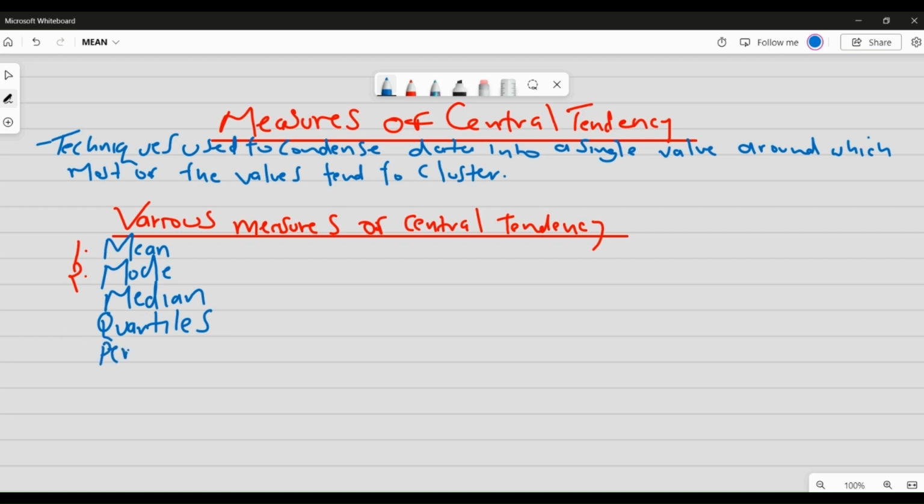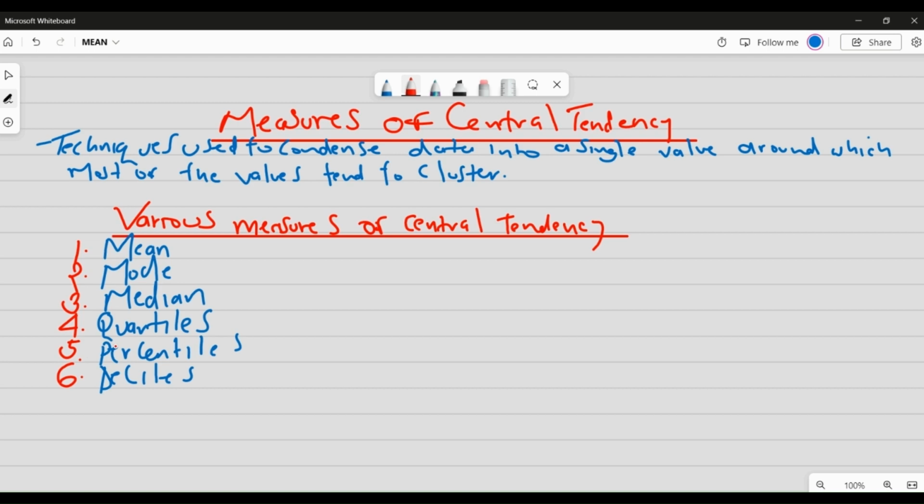We have percentiles. And lastly, we have the deciles. So these are some of the types of measures of central tendency.